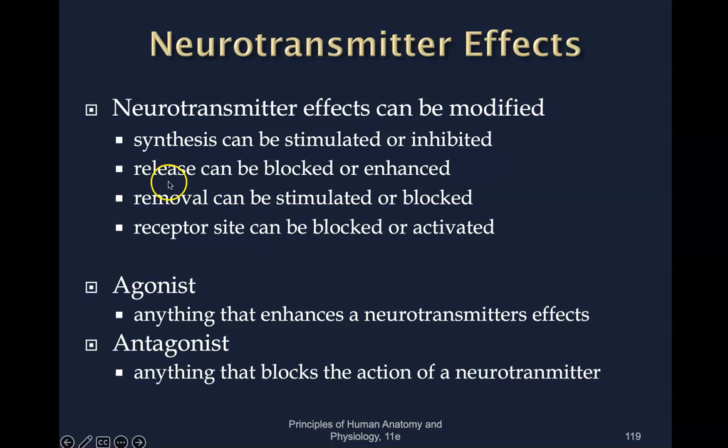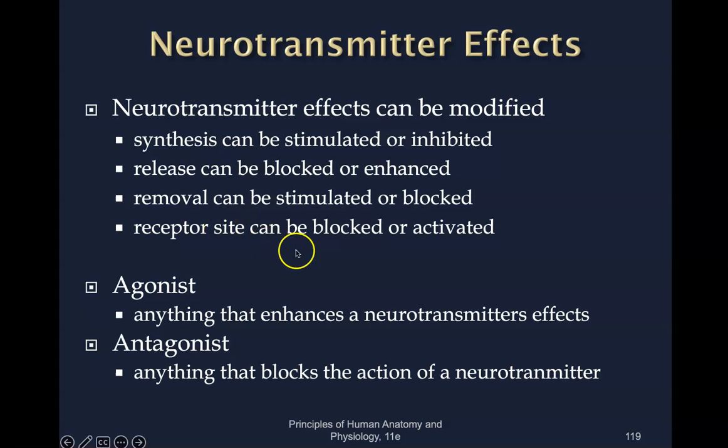Also, the release of that neurotransmitter can either be blocked or enhanced, where it allows you to release lots of neurotransmitter. The removal of that neurotransmitter from the synaptic cleft can be stimulated or blocked. We can do this with things like reuptake inhibitors, right? That block the removal of that neurotransmitter and leave it hanging out there in the synaptic cleft.